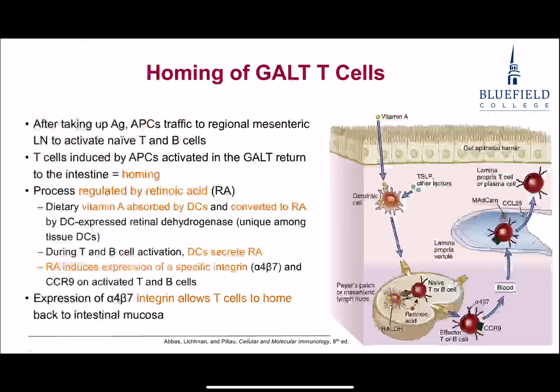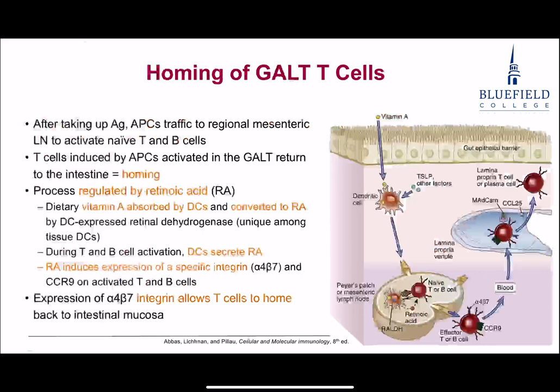This process in the gut is regulated by vitamin A. Okay. That dendritic cell, before it's activated, synthesizes retinoic acid, okay? It absorbs vitamin A that we eat in our diet, if you're eating lots of carrots and other leafy greens, and then that vitamin A is converted to retinoic acid once that dendritic cell becomes activated, okay?